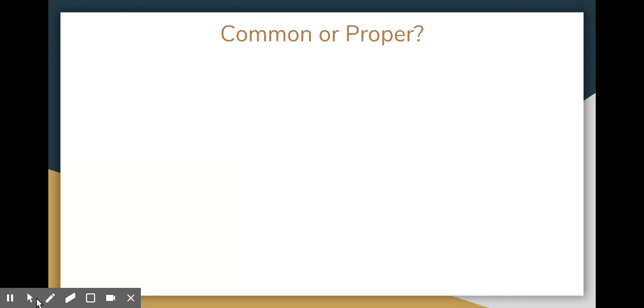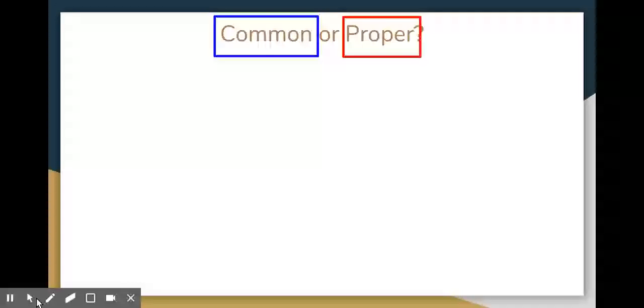Let's try some guided practice here. I'm going to give you some nouns, and I want you to categorize them as either common or proper. If you don't have specific colors to use, then you could circle one and box the other. Okay. Horses feel tension. Go ahead and write that down.